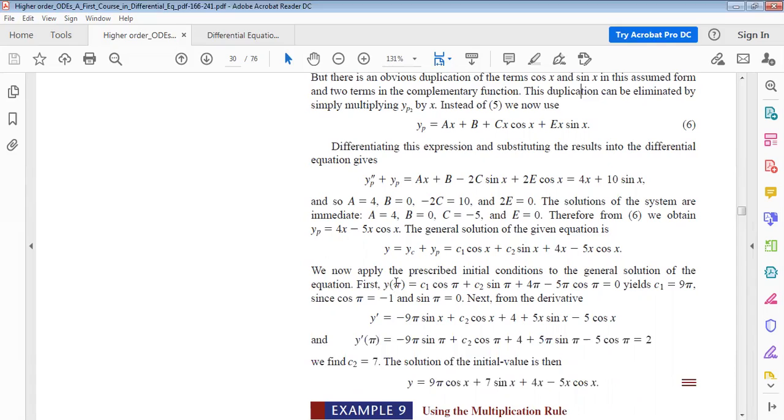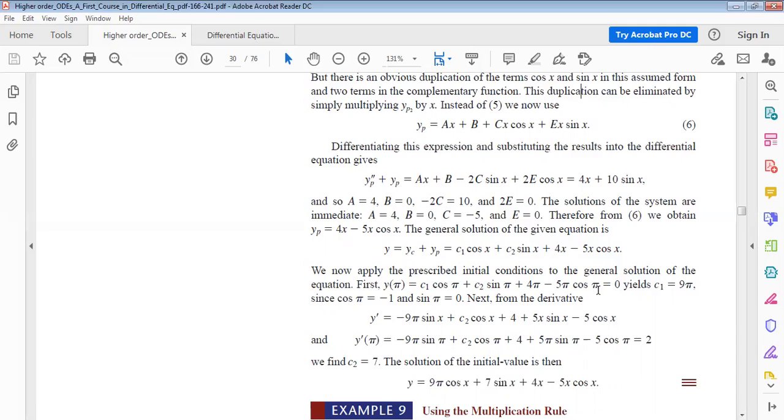We are given the initial condition y(pi). Just putting x equals pi on both sides of this, we get y(pi) equals c1 cos pi plus c2 sin pi plus 4 pi minus 5 pi cos pi.